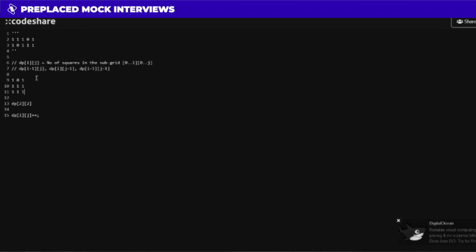What else can I do? First I'll see what are all the squares I could potentially form just by including this. Basically I could form this one, and I could form the 2 by 2, and then the 3 by 3 and so on.